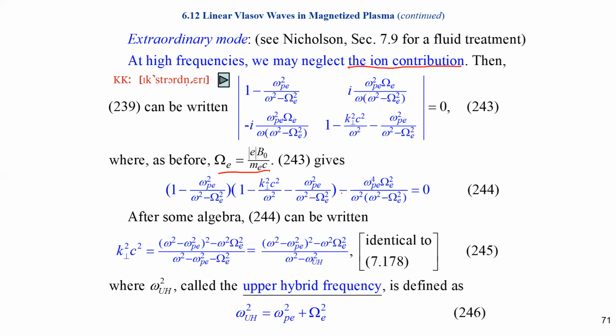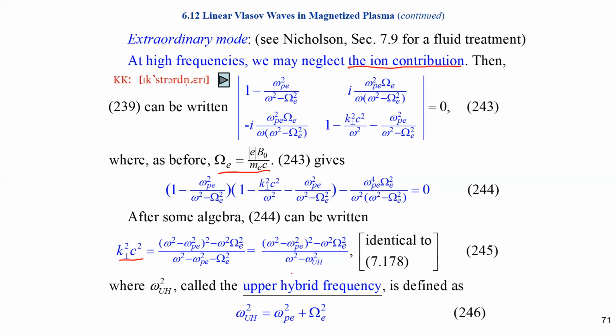Therefore, we have a minus sign here. That's extraordinary mode. After some algebra, this equation 244 can be written as K perpendicular to here or here.